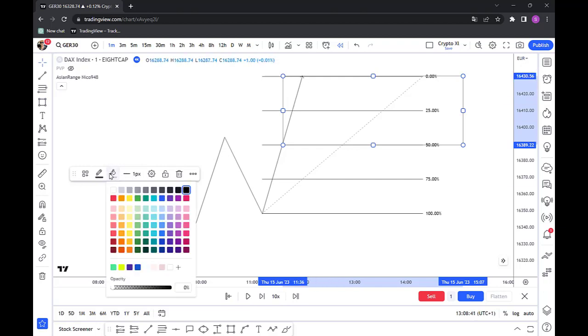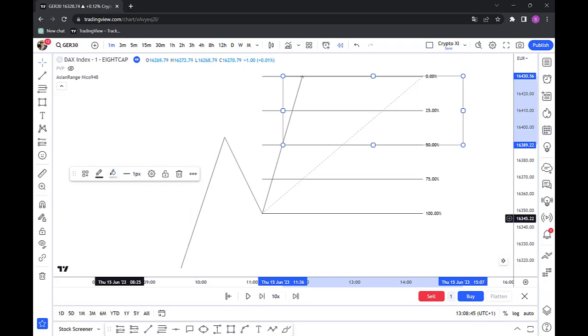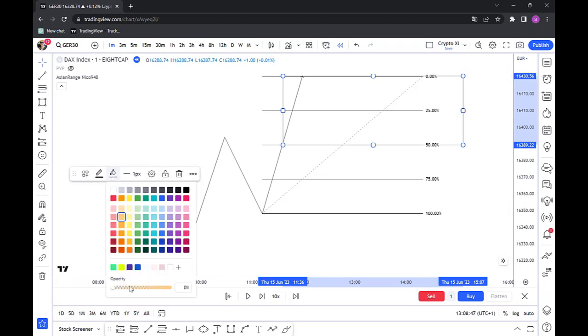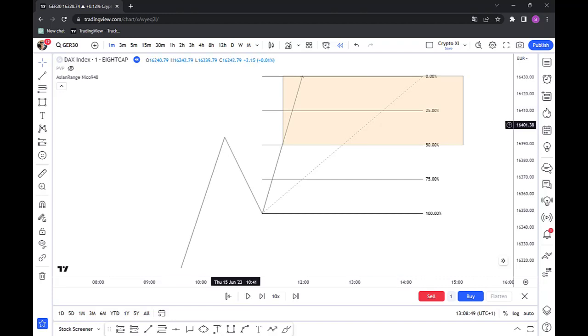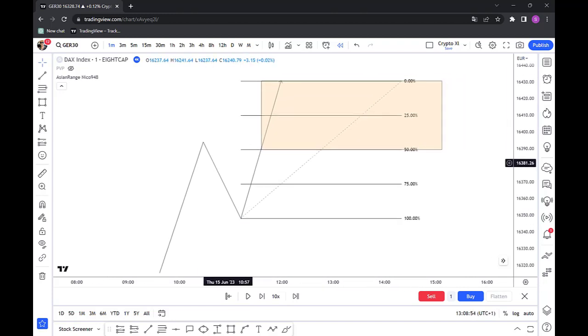I never want to consider that zone, because this is called the premium zone, and I don't want to see the price in this premium zone, because I wait every time for the institutions who control the market to buy the market at a discount price. Let's assume that you have to buy a new pair of shoes.